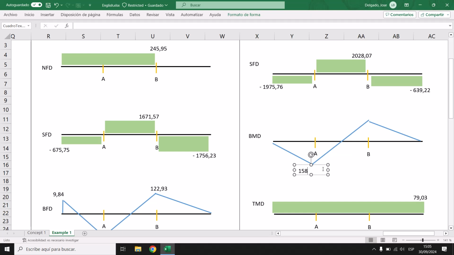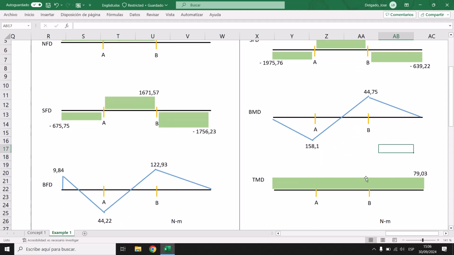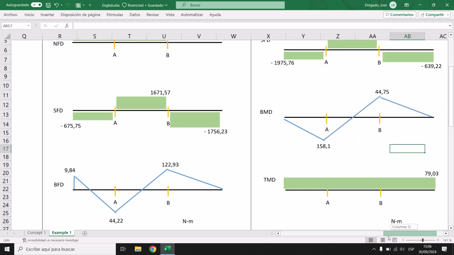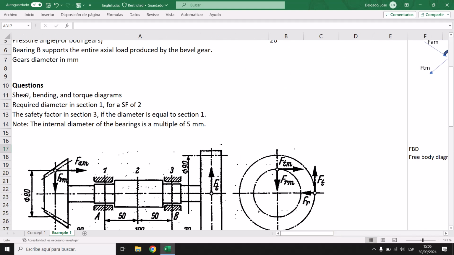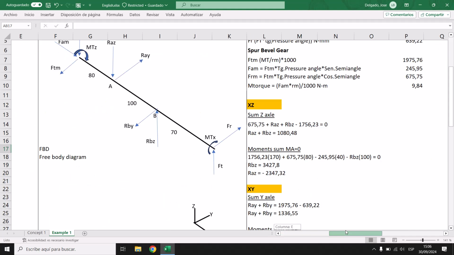So for you, this value is going to be 44.75. If you don't remember, this is 6, right? Then we already have this. So now we have already answered the first question of the shear, bending and torque diagrams.